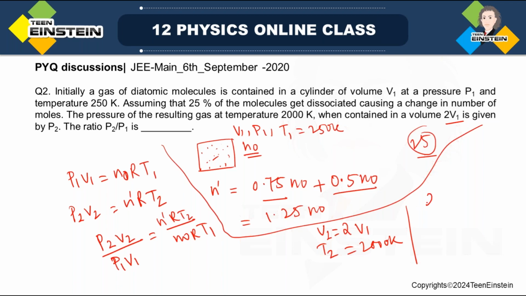Look what I get, P2 V2 by P1 V1 is equal to N prime R T2 by N0 R T1. N prime we have got as 1.25 N0. Okay, I think better to go to the next page.